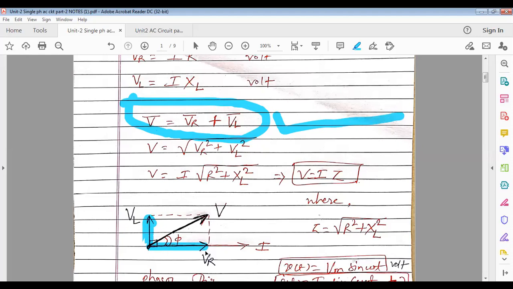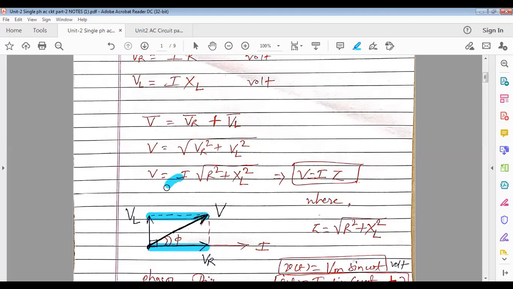Here VR is a phasor, VL is a phasor. So the phasor addition of VR and VL is the resultant voltage V. For that, what you have to do? Draw a phasor parallel to VR, and it will be of the same magnitude. So from VL I have plotted VR of the same magnitude and parallel to VR. These two are of equal length and parallel to each other.